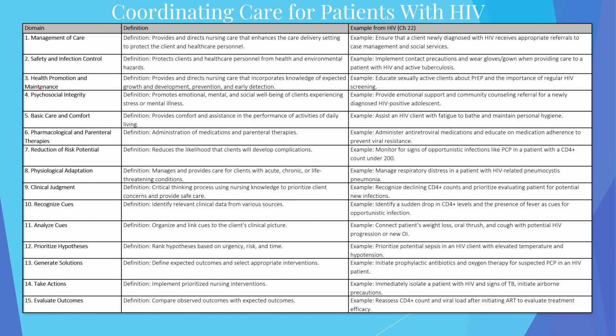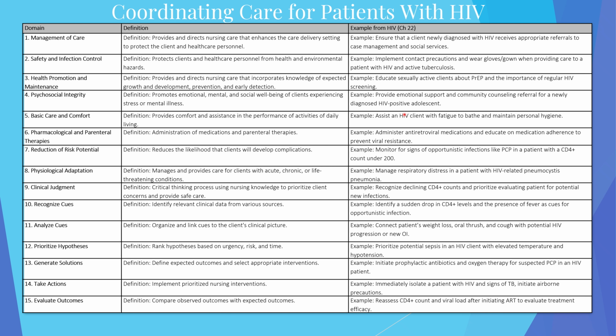Health promotion and maintenance, here is the definition. Example: educate sexually active clients on PrEP and the importance of regular HIV screening. Then psychosocial: provide emotional support and community counseling referral for a newly diagnosed HIV positive adolescent.